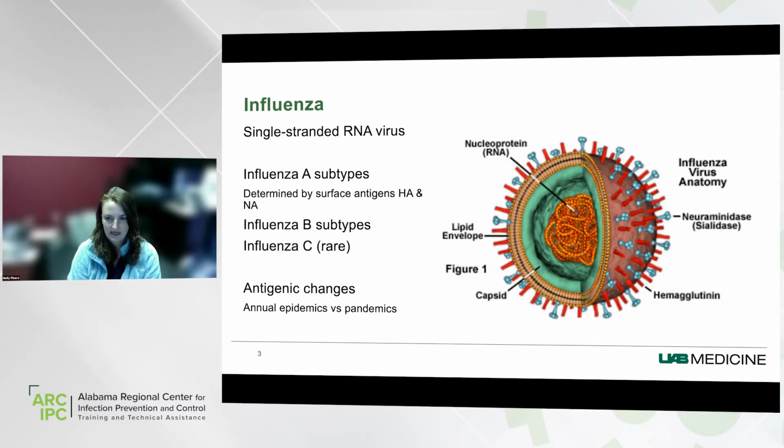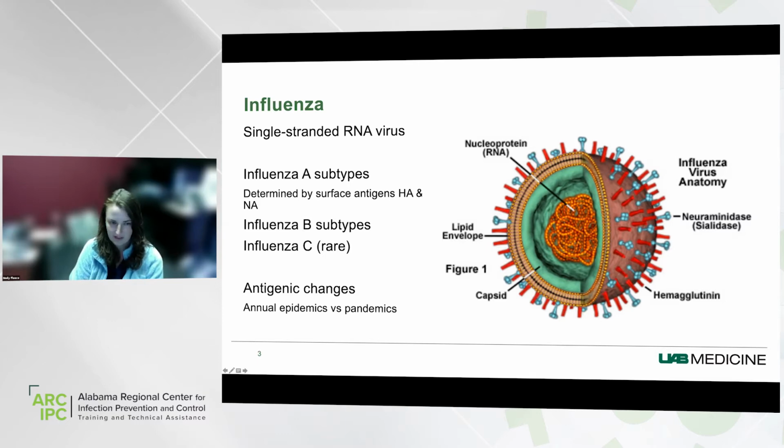Influenza A subtypes are varied, and they're mainly determined by these, let me minimize this box here, neuraminidase little surface molecules and hemagglutinin and surface proteins as well. There are numerous different types of HAs and NA antigens, and those various combinations are what determines that particular subtype of influenza A.